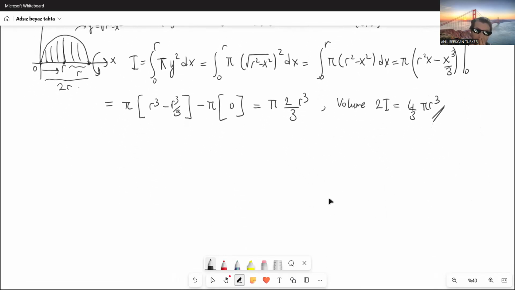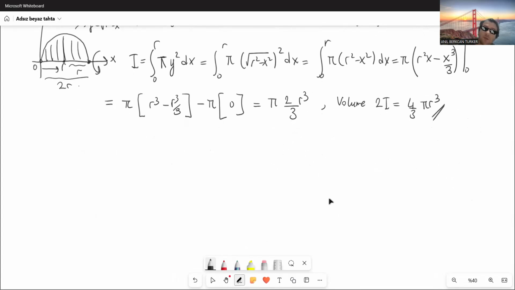We can similarly calculate the volume of a torus. Consider a torus like this. Torus in Turkish means simit. Okay, a donut.